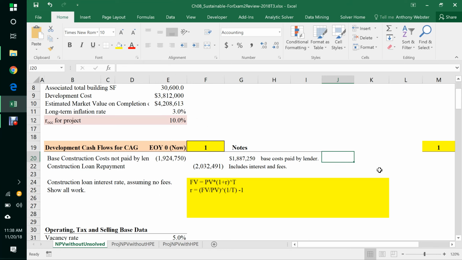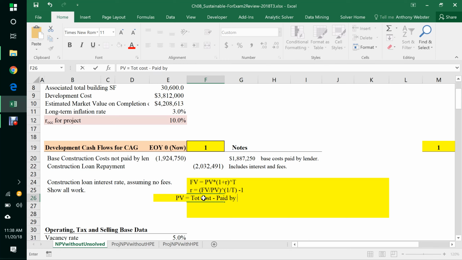All right, so that's good. So we know the future value. We just gotta see if we can suss out the present value here. So the present value is going to be equal to total cost minus, so total construction cost minus paid by equity, right?